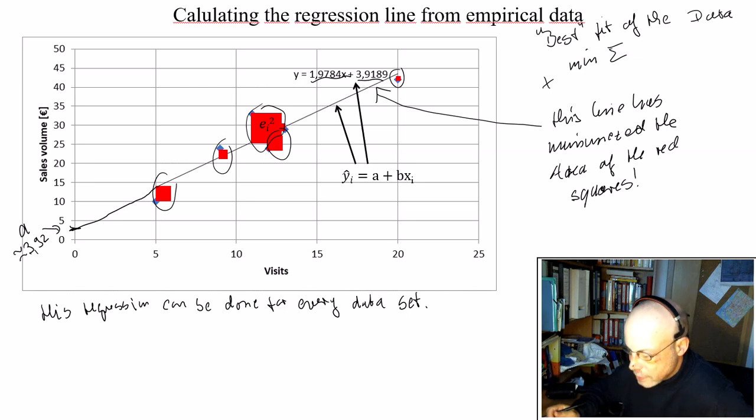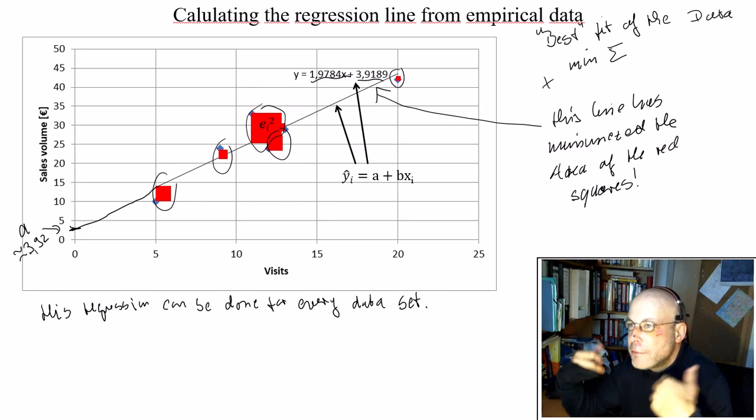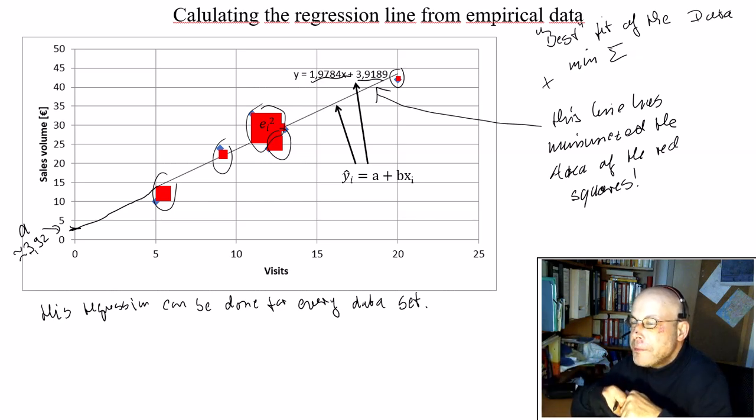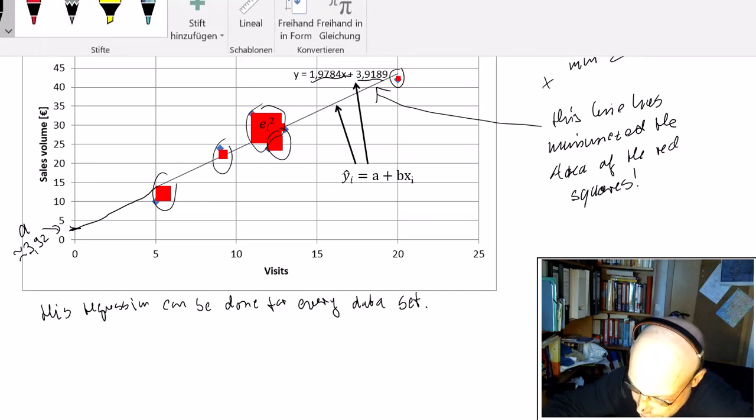So we are calculating, in the beginning for some linear line, all the distances of our data points, vertical distances of our data points with respect to our line. Then we square all these distances, summing these distances up, and we want to draw that line which minimizes the sum of all these squares.